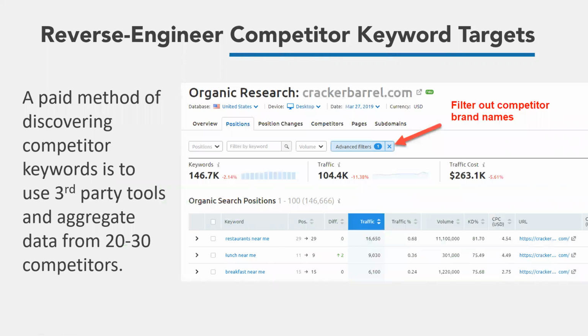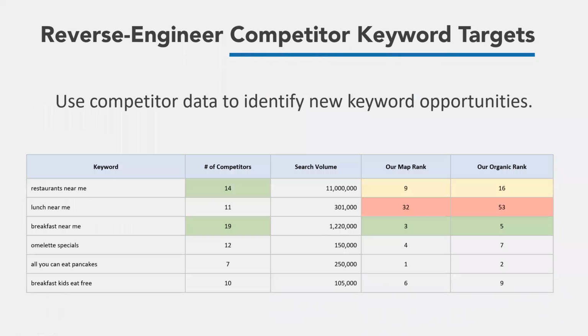So the next thing you could do is, again, use a keyword tool to pull in information about what search terms are driving traffic to the competition. In this case, we could see lunch near me and restaurant near me. Some great ideas for building ideas off of. And then once you've aggregated all of that information, create a pivot table in Excel.